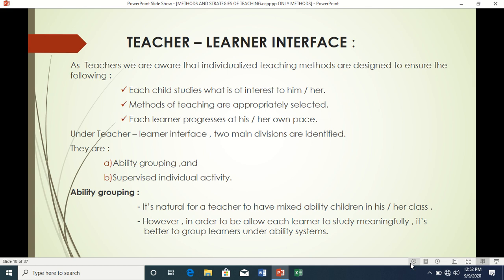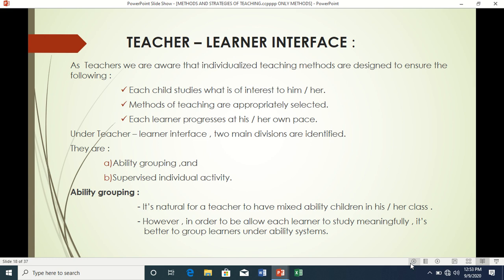That is why when we give project works, it is not the teacher who assigns a topic to the student. It is the student himself or herself who chooses a topic. That topic is of interest to him or her. Then we note that methods of teaching are appropriately selected. So in a teacher-learner interface, the teacher must not forget these two. And the third one, each learner progressing at his or her own pace. If you choose a topic, you are working at it at your own pace.